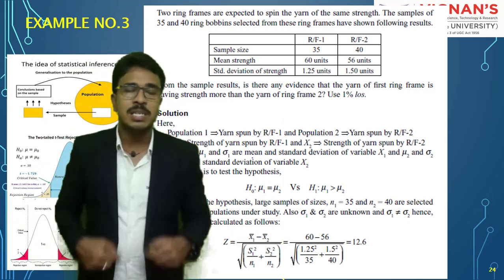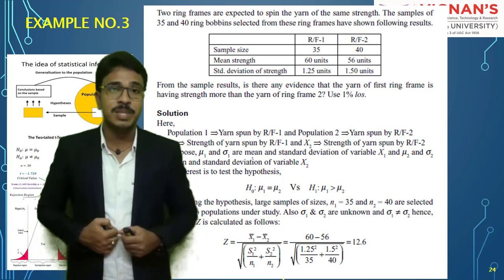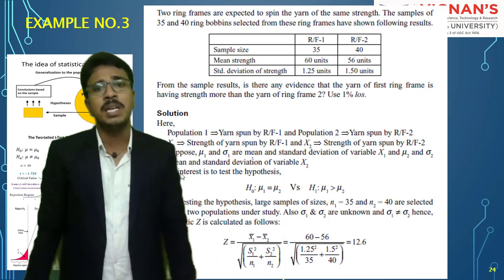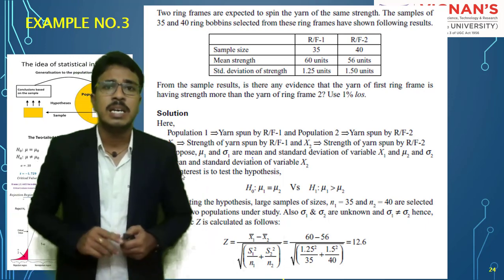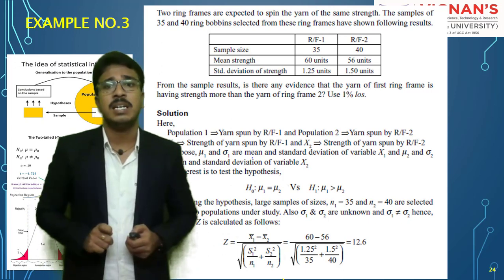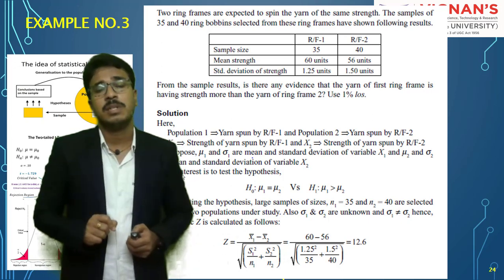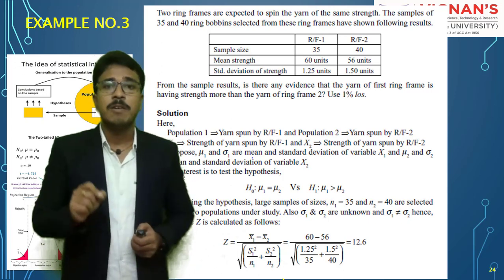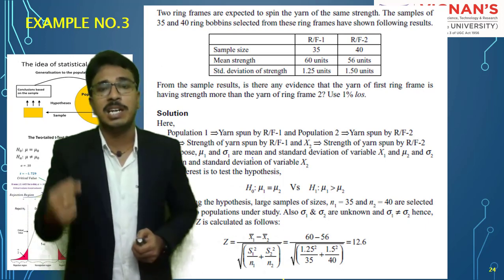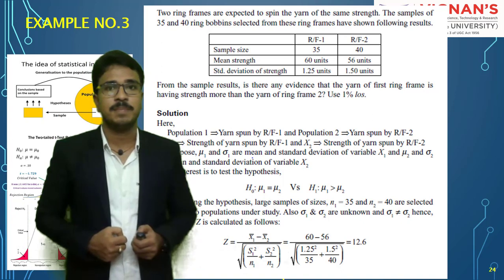Now, what do we need to confirm here from the sample results? Is there any evidence that the yarn of the first ring frame has strength more than that of the yarn of the second ring frame?